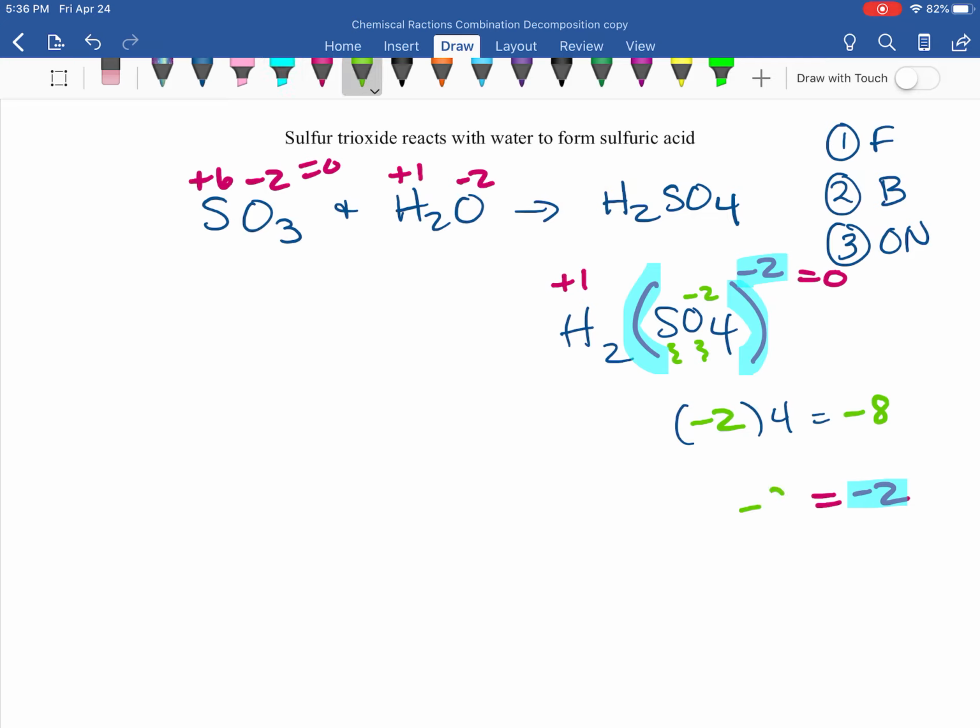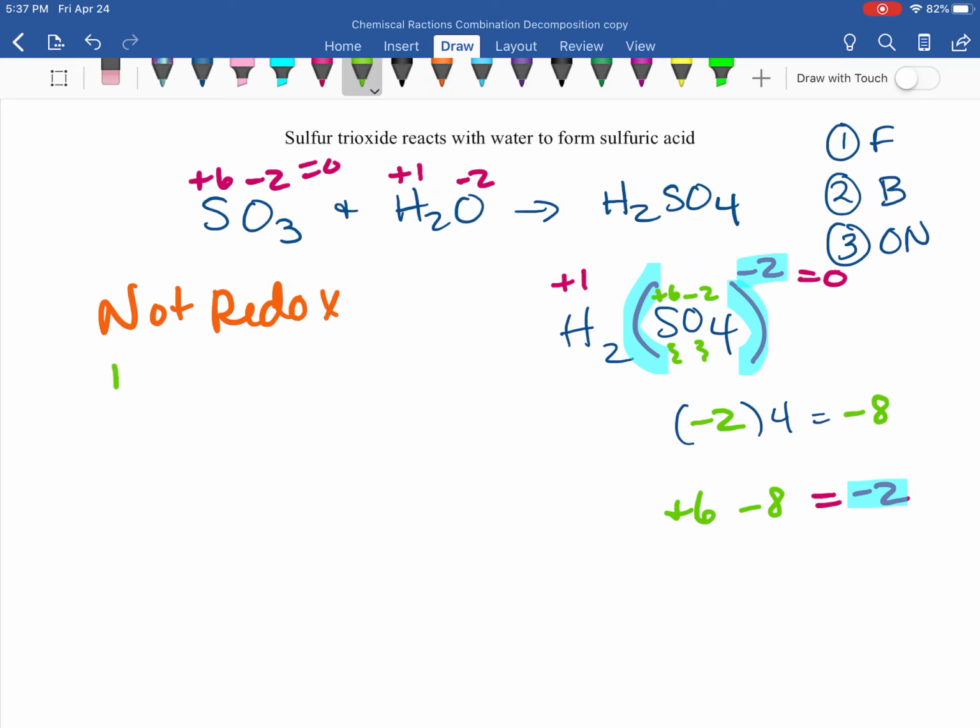Well, remember, overall, everything in these parentheses has to equal a -2, and your oxygen is already a -8. So what does sulfur have to be then? The only way to make that work is sulfur's got to be a +6.